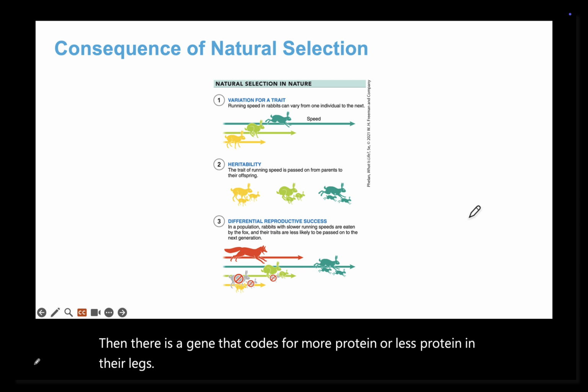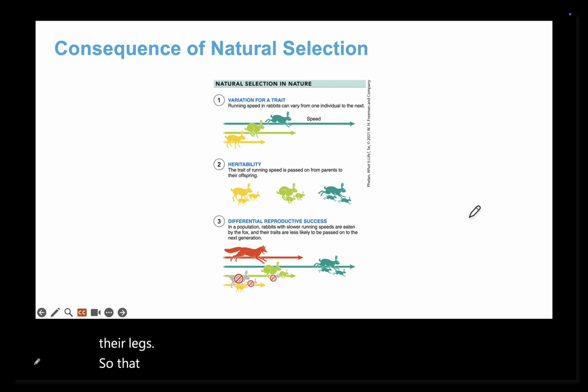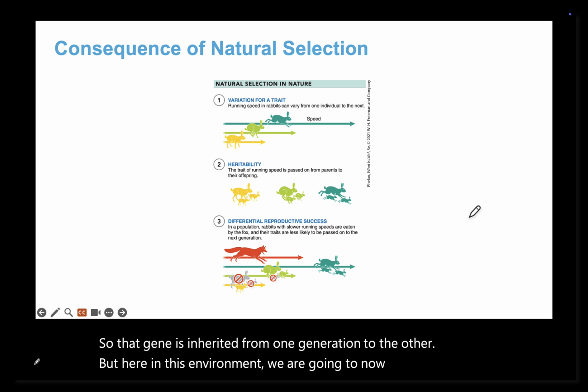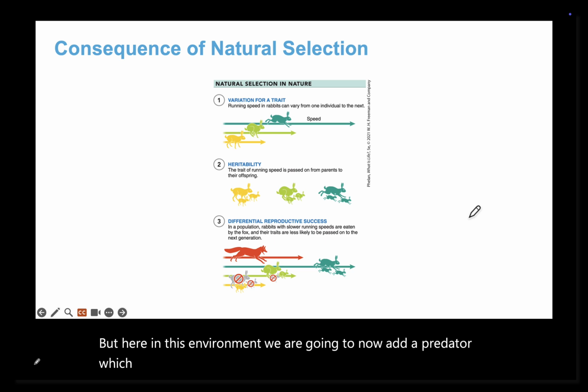So that gene is inherited from one generation to the other. But here in this environment, we are going to now add a predator, which is a fox, that will eat those rabbits.